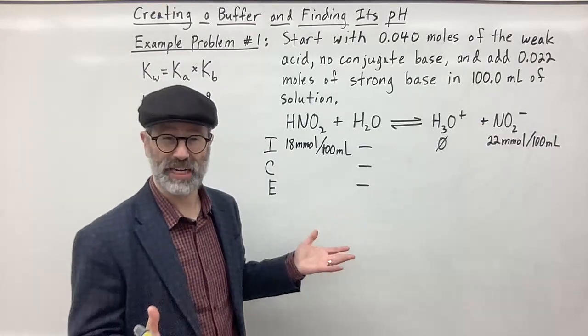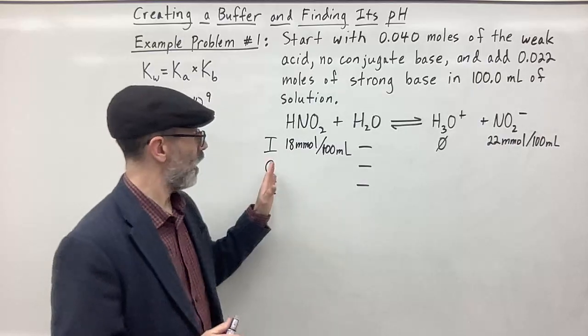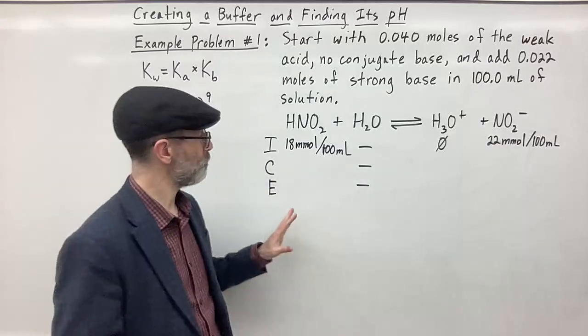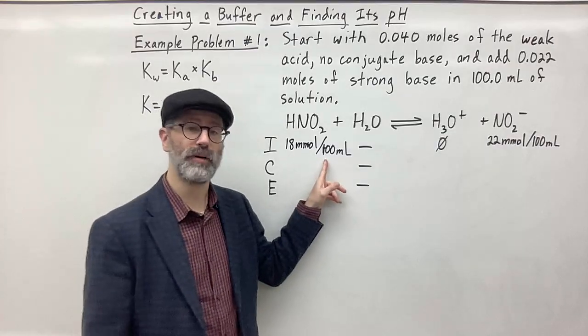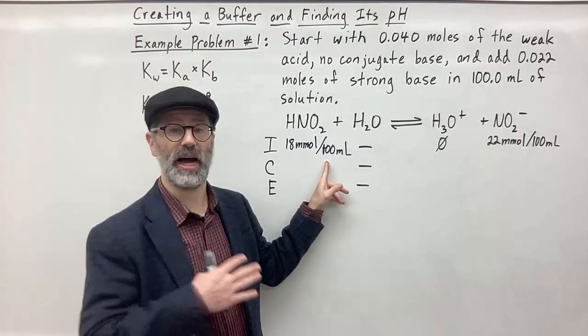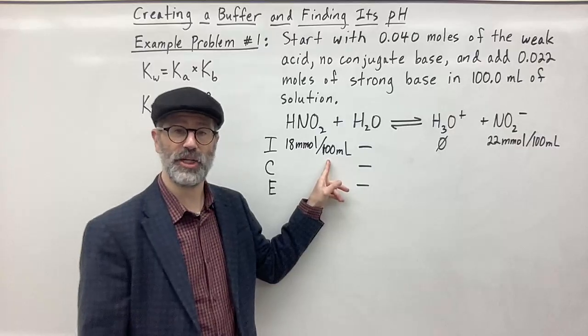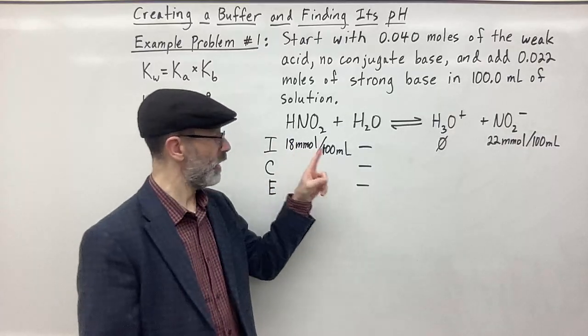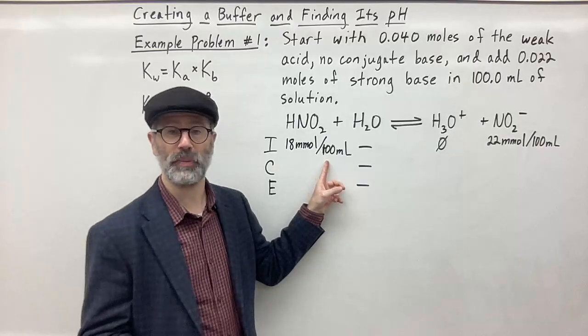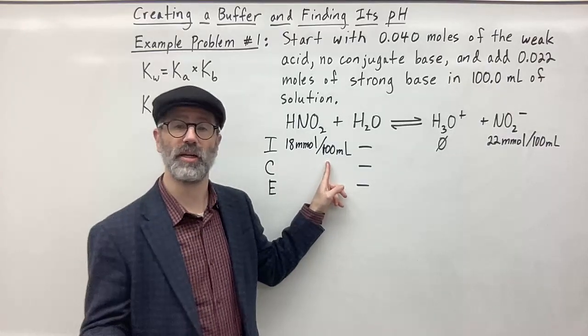So we have to have concentrations when we're working with the ICE table. And the great thing about having it in millimoles is that you don't need to convert to liters to find the concentration in molarity. If you have millimoles, you can just keep your volume in milliliters, which is usually the volume unit.